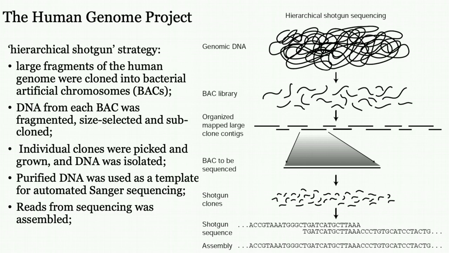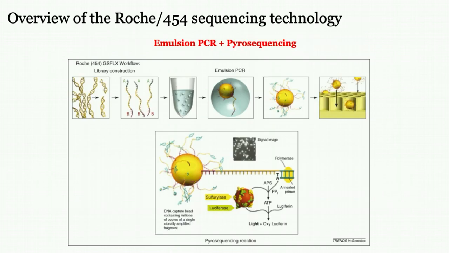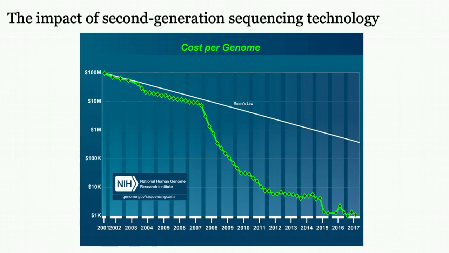The second generation sequencing technology matured in 2007, 2008, and it was truly revolutionary. First, it significantly reduced the cost of sequencing. Remember that in the Human Genome Project, it took about $3 billion to sequence the first human genome.